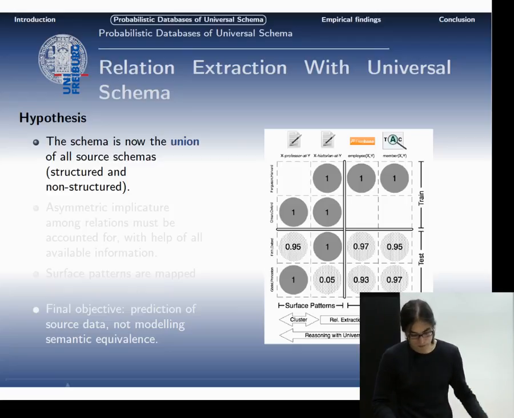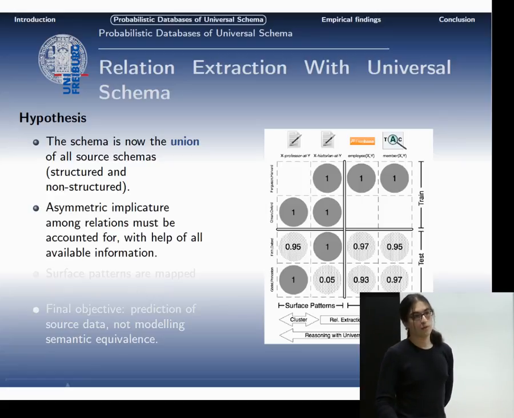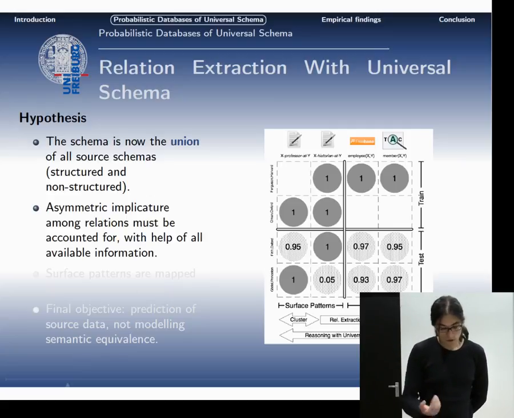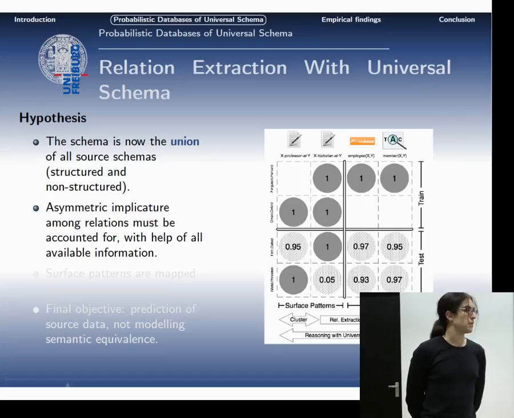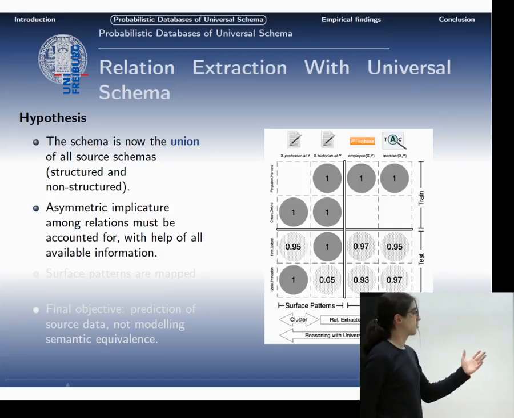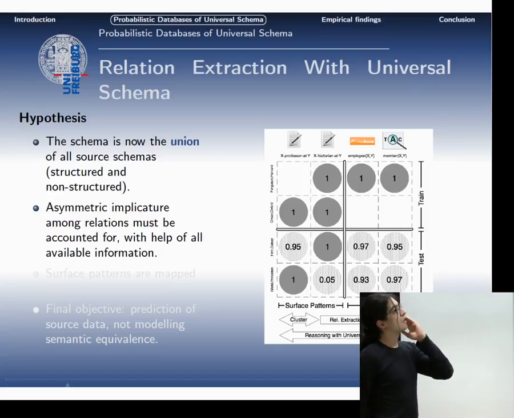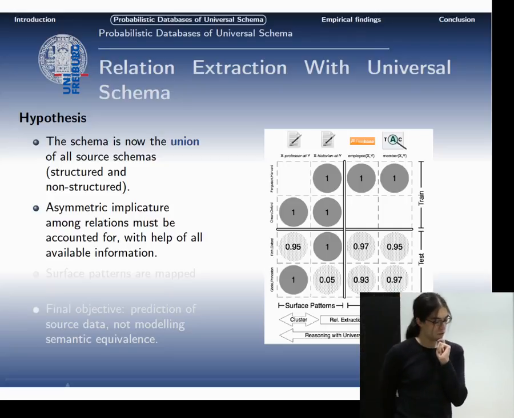These numbers, this 0.95 and 0.05, are, in a sense, probabilities which the model we will construct should estimate. Now, asymmetric implicature among relations must be accounted for. This basically means that relations do not always imply one another in a symmetric fashion.